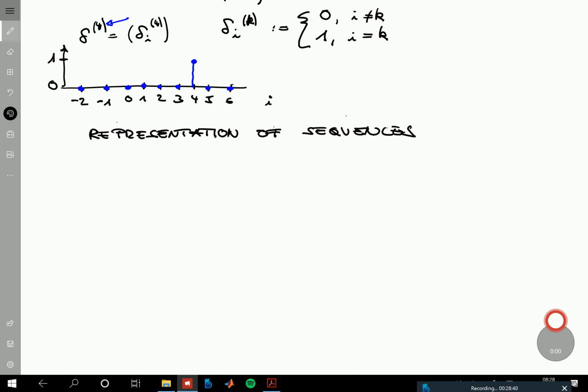So what we have is essentially a sequence x, and we assume that this is an infinite sequence. Now, based on the elements of this sequence, so the x_i, and the fact that we can scalar multiply a sequence and we can add different sequences, we can rewrite x as follows.